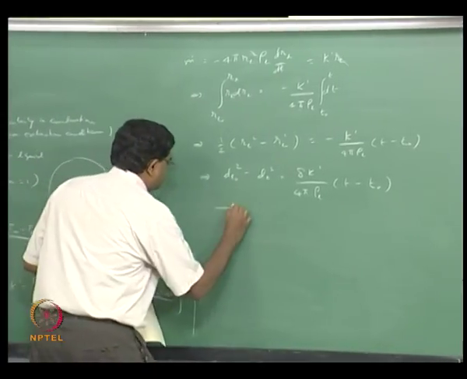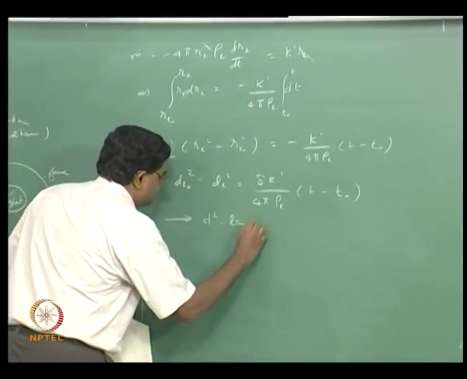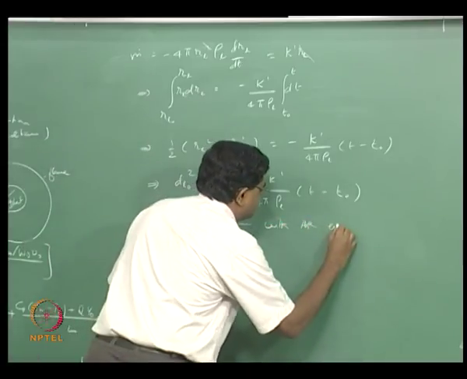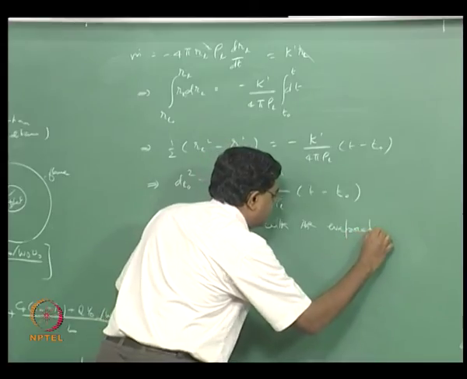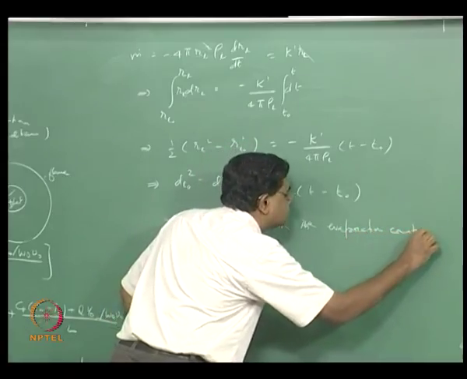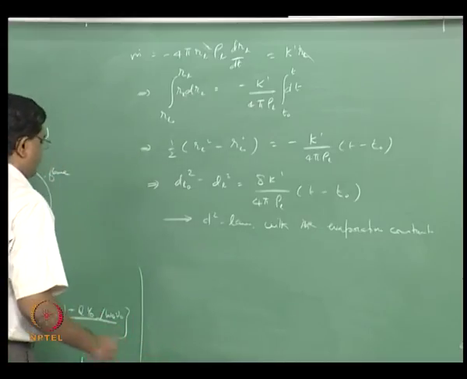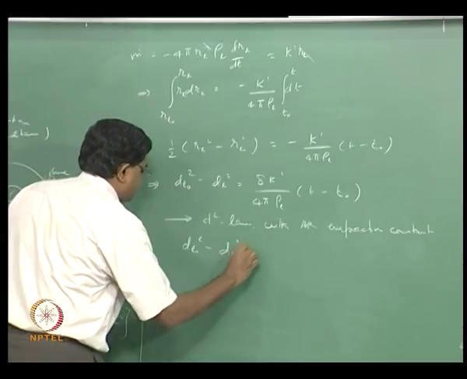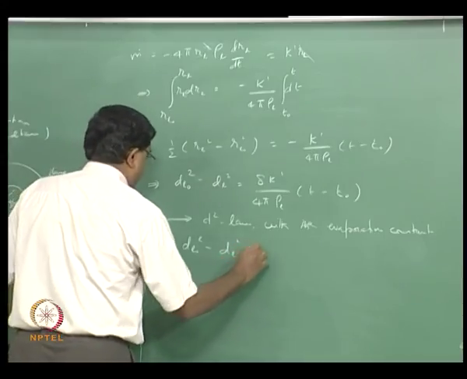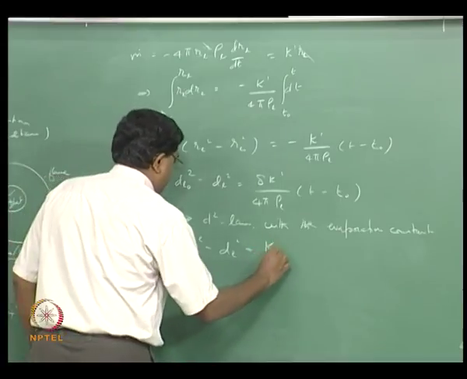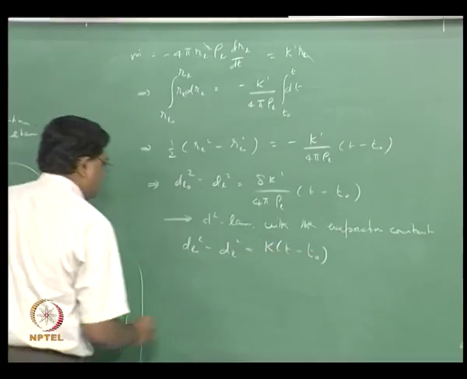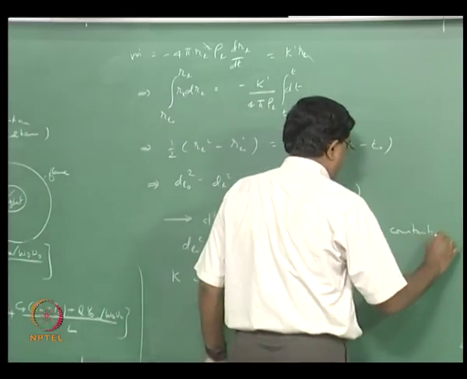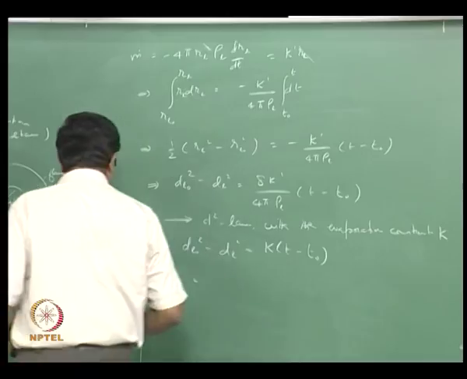So we have the d squared law with the evaporation constant k. Just for the sake of completeness, dl squared minus dl naught squared equals k times (t minus t naught), where k is the evaporation constant.